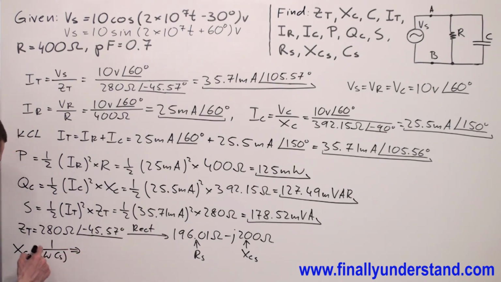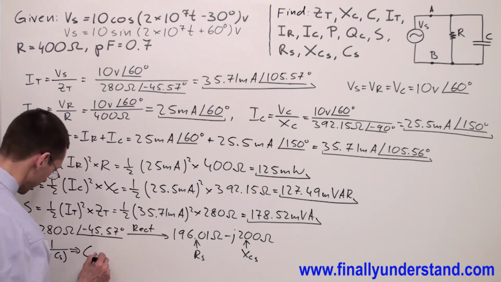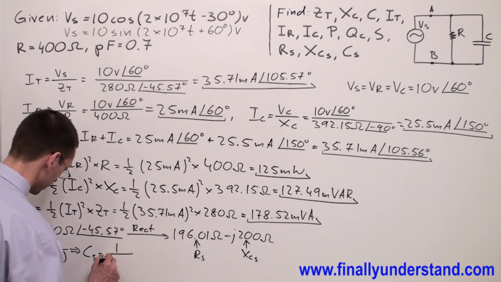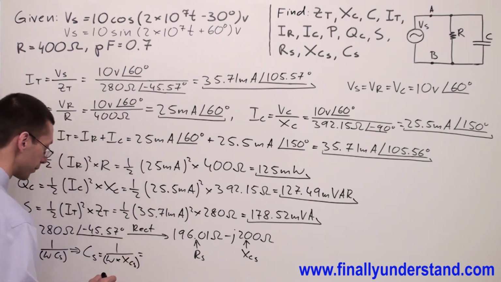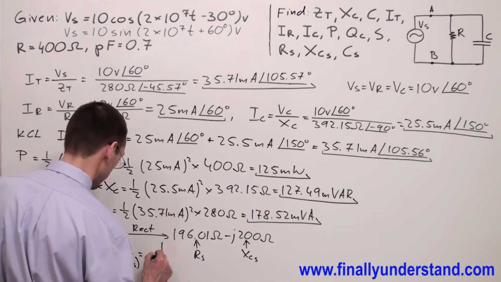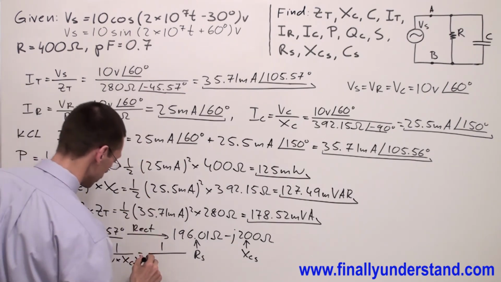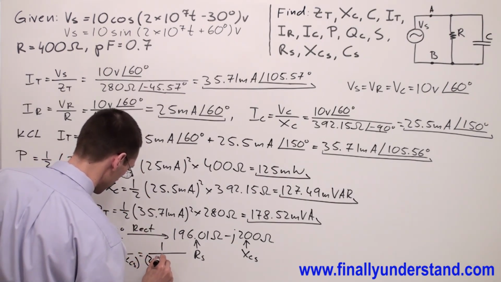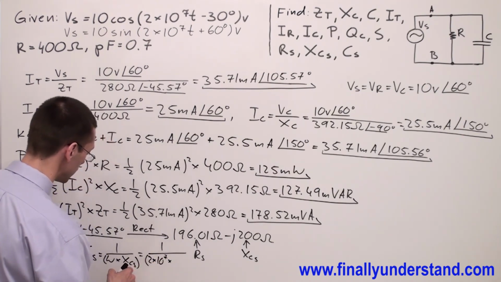If you solve this formula for CS, you get CS equals 1 divided by omega times XCS, which is equal to 1 divided by omega, which is 2 times 10 to the 7 radians per second, times XCS.